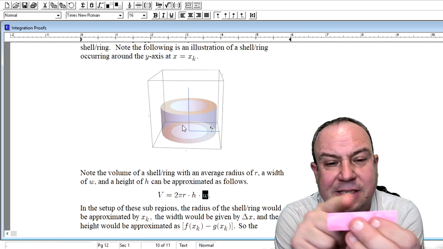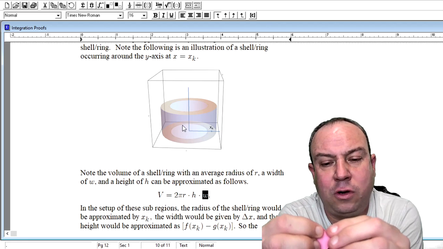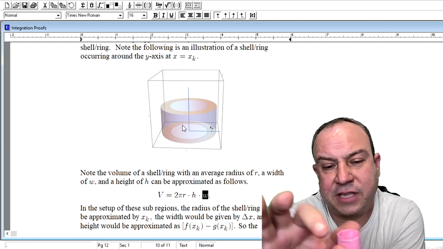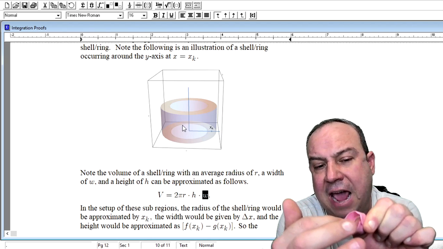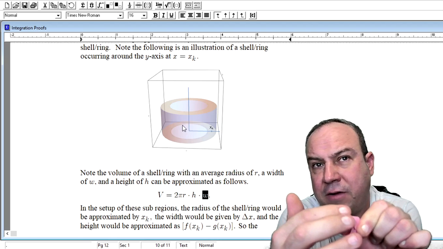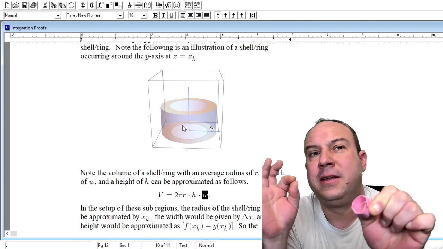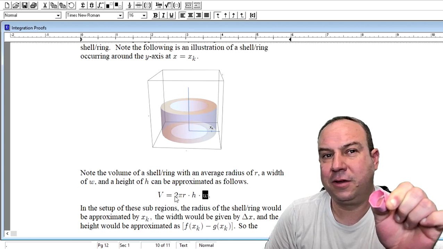This length, if we thought about this as a two-dimensional ring that didn't have any width, would be the circumference of this edge. But we're really thinking of it as more of an average, so it would be the average circumference around here. How do you find the average circumference? You take 2 pi times r, the average radius.